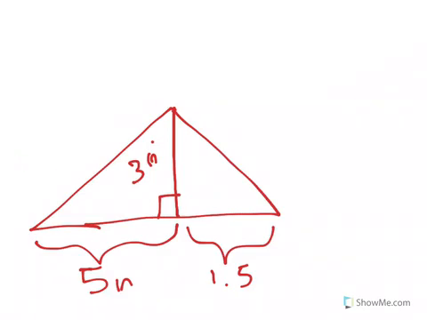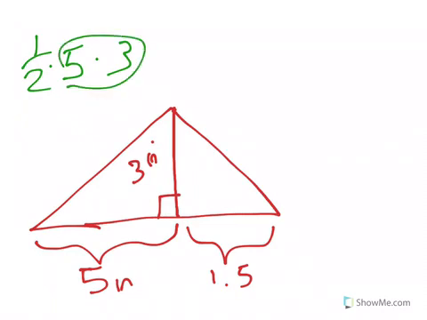Now, if I was to say area equals 1/2 base times height, I wanted to do this triangle first. We have 1/2 base times height, right? And so I'll do 5 times 3 first, which is 15. 1/2 times 15 would give me 7.5. That's just for this part of the triangle.